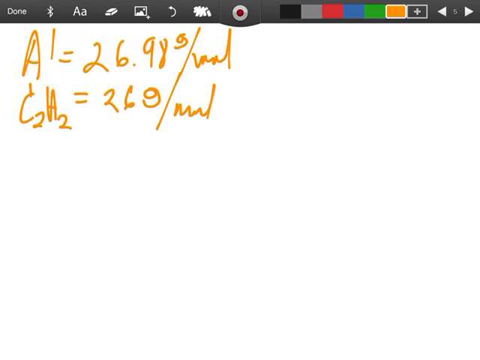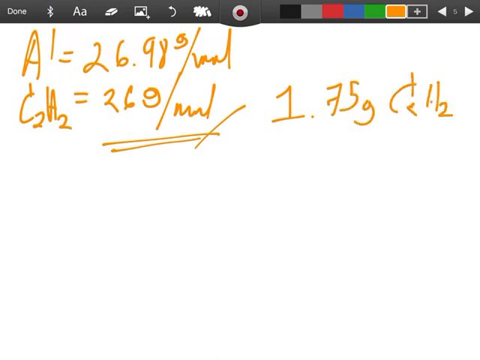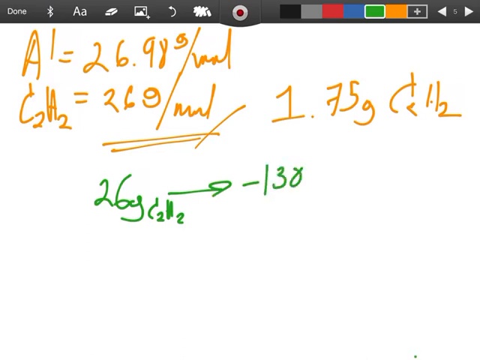Anyway, so let's go and say how much energy actually I am going to release with 1.75 grams of C2H2. And for that, it's pretty simple. We're going to summon Miss Jose. And I know that 26 grams of C2H2 are going to release minus 1,301.201 kilojoules.